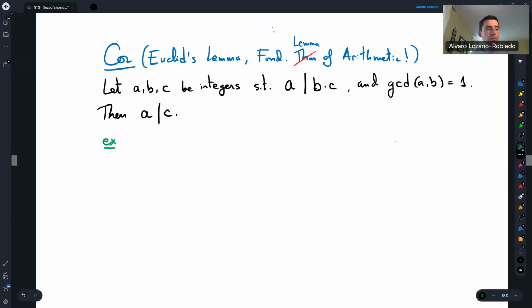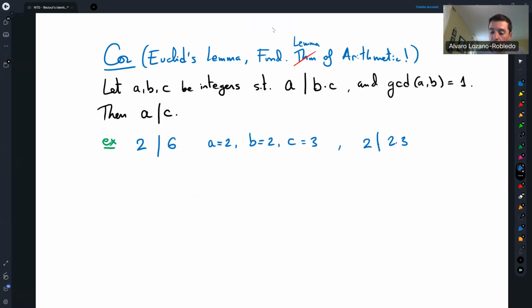So for example, let's say 2 divides 6. Here A is 2, B is 2, C is 3, so that 2 is dividing 2 times 3. Maybe I should write it exactly like in the statement.